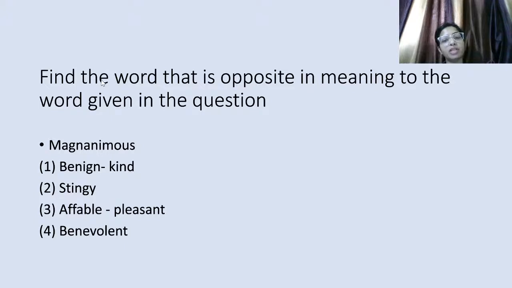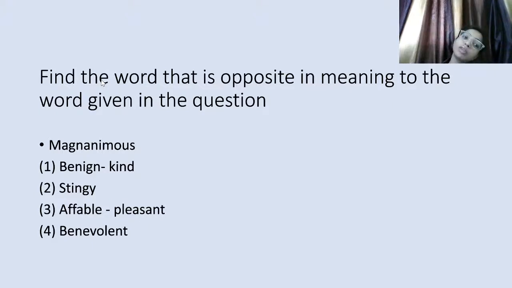Fourth is benevolent. Benevolent means very kind, very generous. An act of benevolence by the government of India, such as granting X crore of rupees to poor people during COVID-19, is an example of the word benevolent.